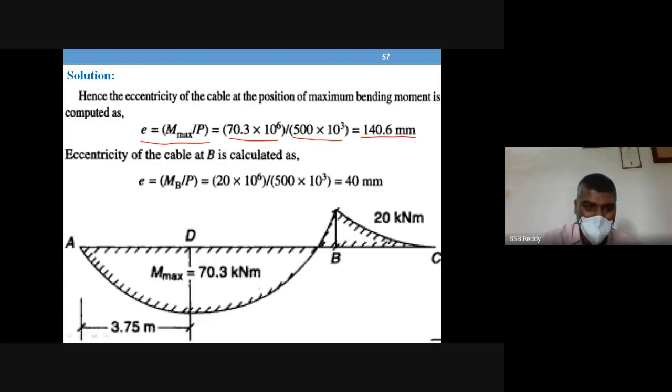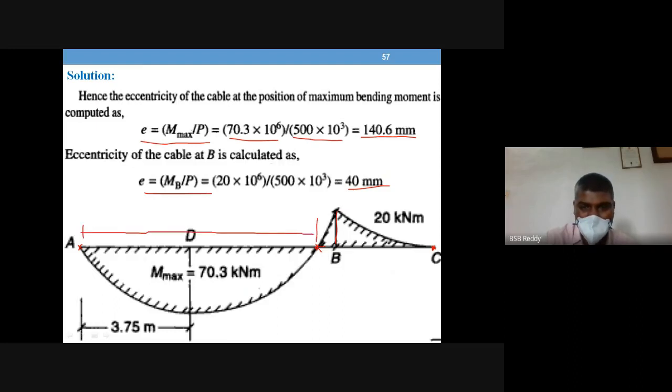So the cable shall have an eccentricity of 140.6 mm at M maximum, and then 40 mm at the support. And 0 here, the cable shall have 0 eccentricity, and it has to cross at 7.5 meters.